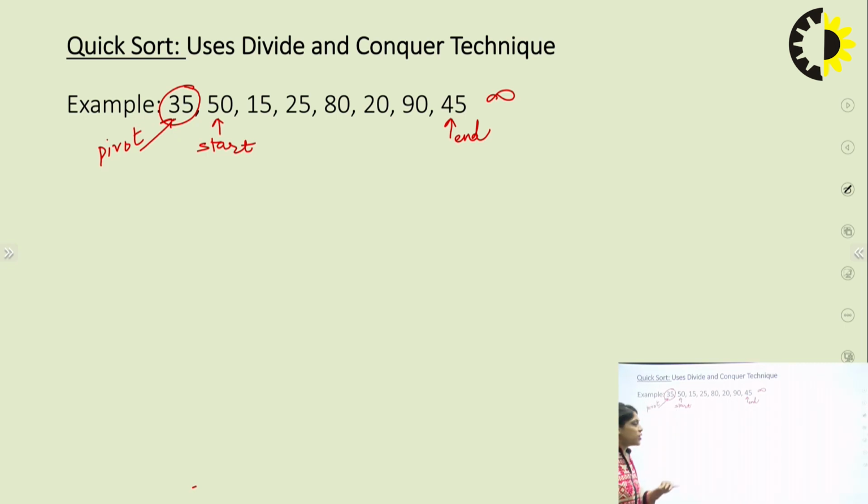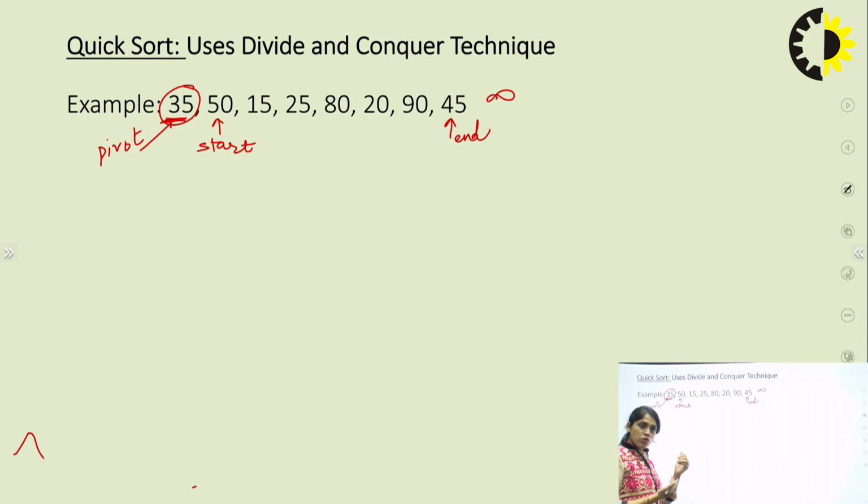What is the purpose of it? Let me explain. We will start comparing the pivot one by one with the start element. If the start element is smaller than the pivot, we will move forward. Then again we will check the element and compare it with the pivot.